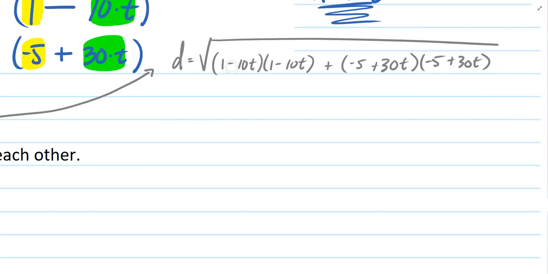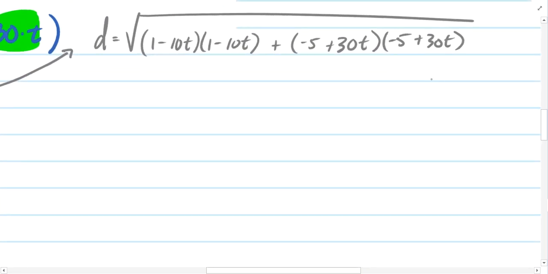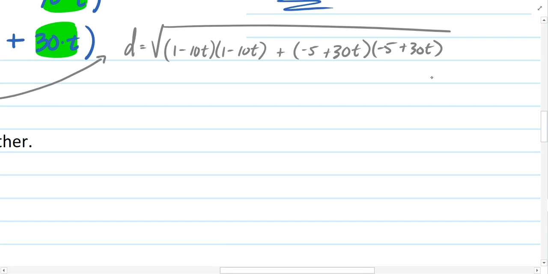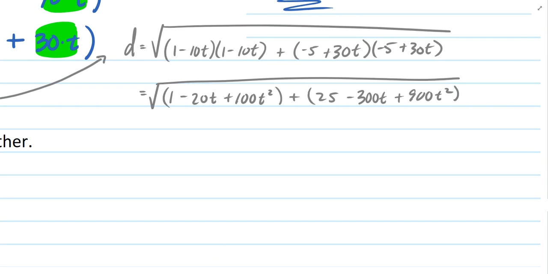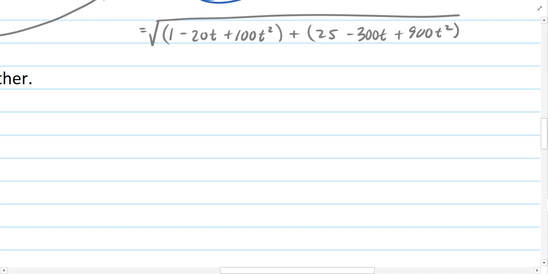So all I've done here is expand this. I've written the 1 minus 10t twice and the negative 5 plus 30t twice. And now we can FOIL each. Again, this was completed by using the FOIL process: first, outside, inside, last for each. And now we can combine like terms.